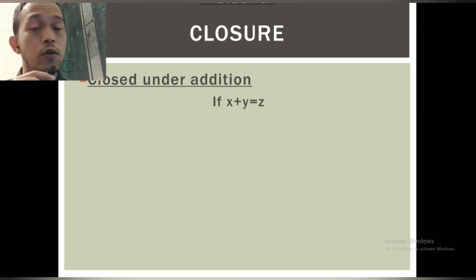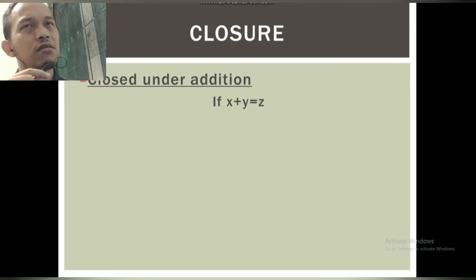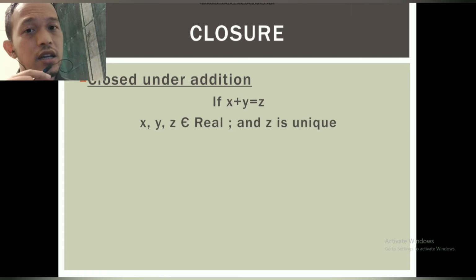If x and y are real numbers, then z, the sum, will also be a real number if the set obeys closure under addition. So it must be another real number. And z, the sum, is unique, meaning there is only one possible answer.